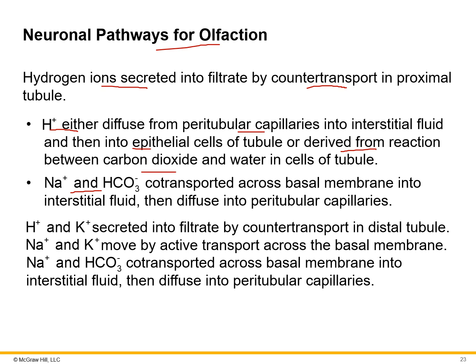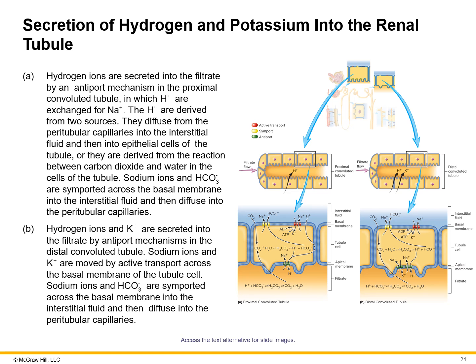Then sodium and bicarbonate are co-transported across the basal membrane and diffuse into the peritubular capillaries. Hydrogen and potassium ions are secreted, released into the filtrate by countertransport, meaning sodium moves in by active transport, and then sodium and bicarbonate co-transport into the interstitial space and diffuse into the peritubular capillaries. So again, this shows the secretion of hydrogen and potassium into the tubules.